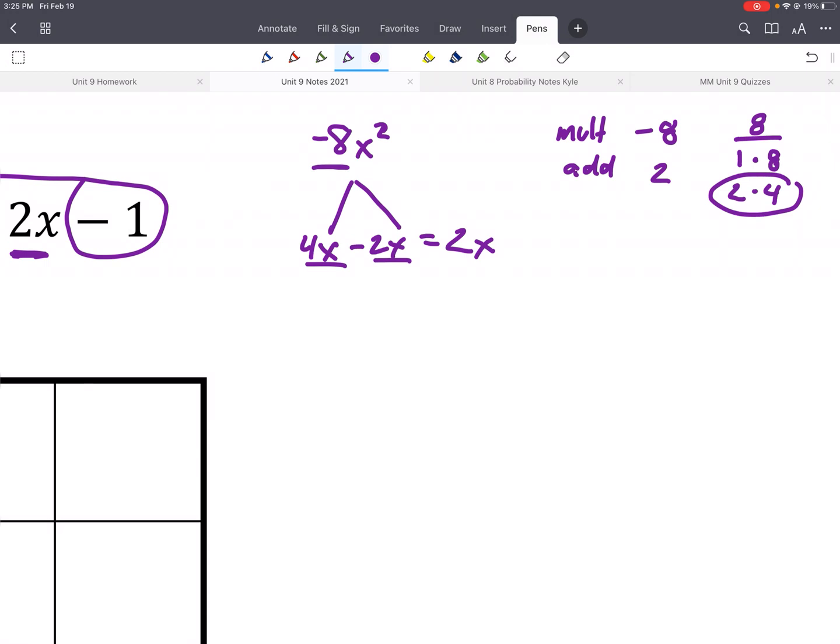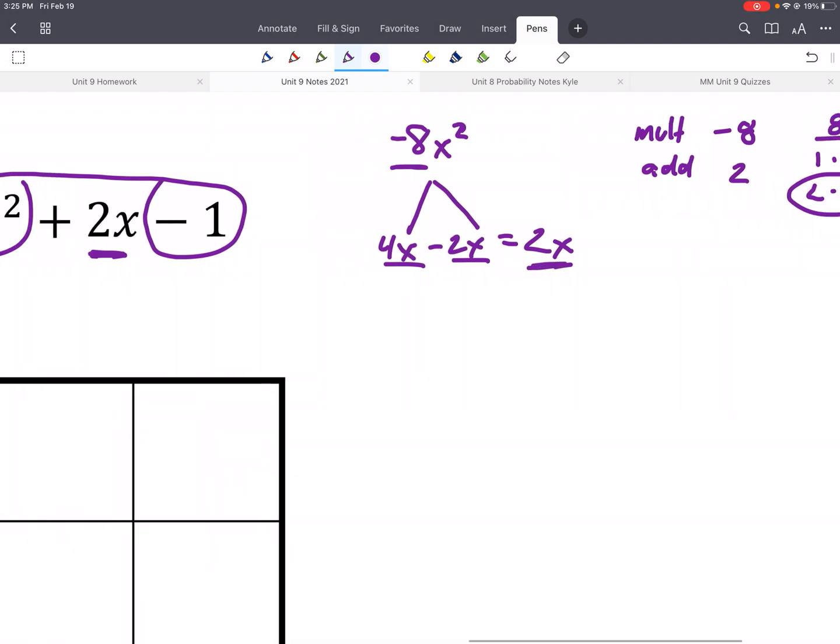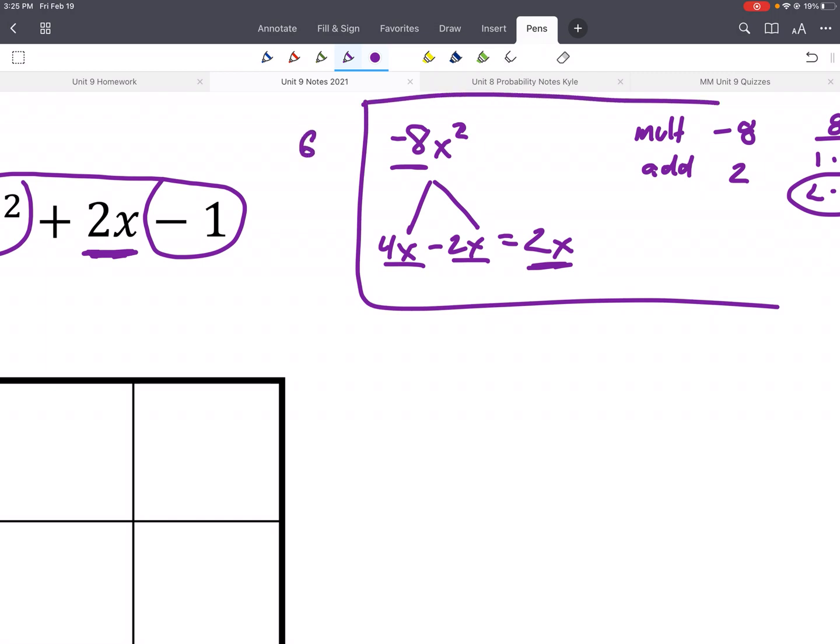So 4x minus 2x gives us that middle term that we need. And if we multiply those together, that does give us a negative 8x squared. So this is what we covered in our 9.0.